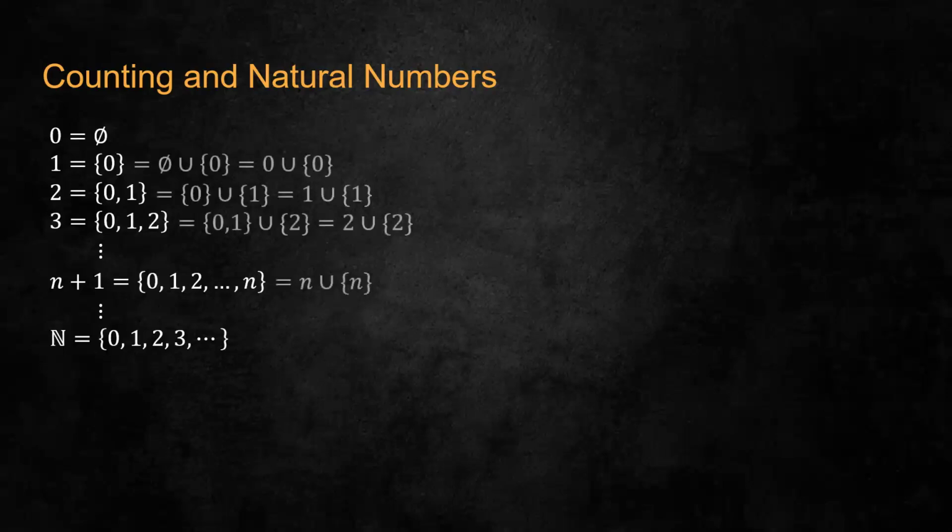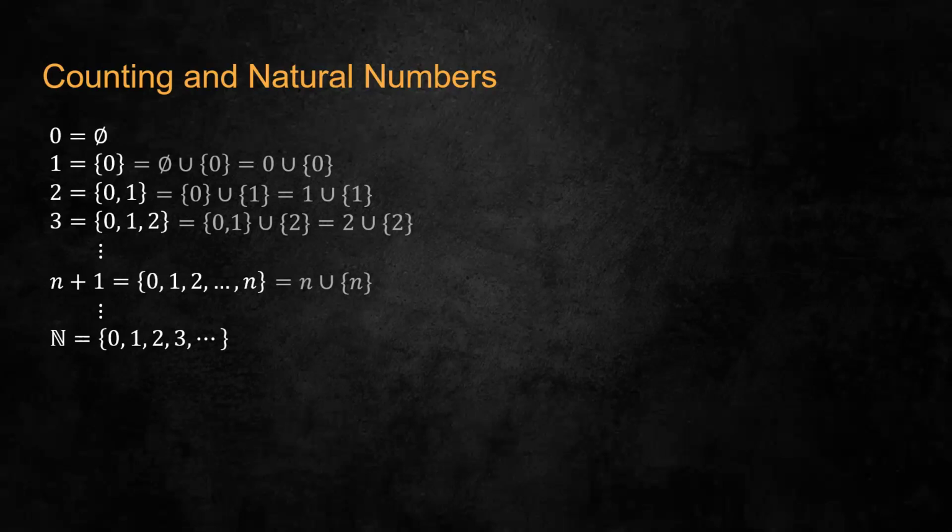But there's an interesting property that these numbers defined in this way are actually defined by the number before, union with a set that contains it. So 1 is the set 0 union with a set just with 0. 2 is the set 1 union a set that has only the element 1.